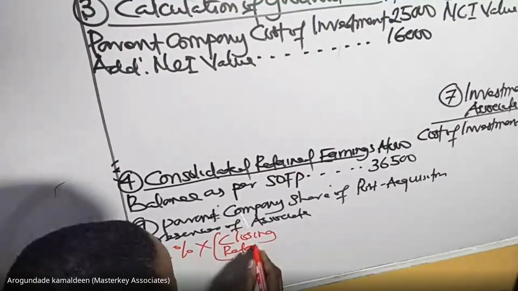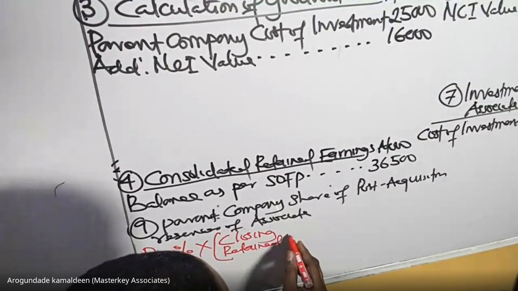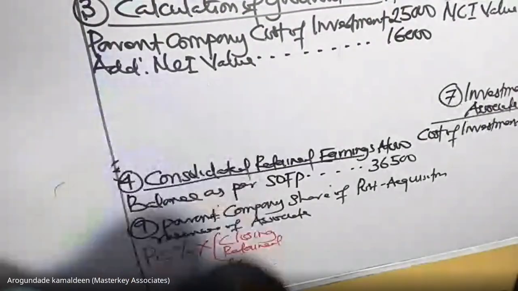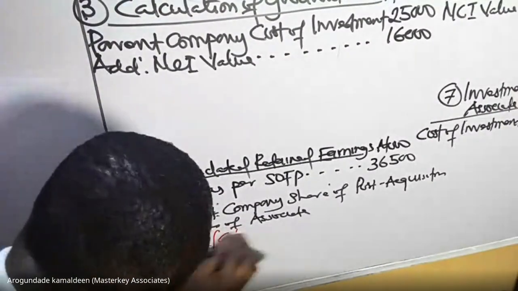retained earnings. Let me use black for you.